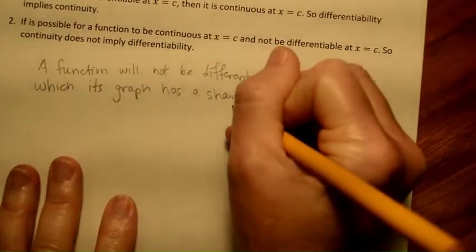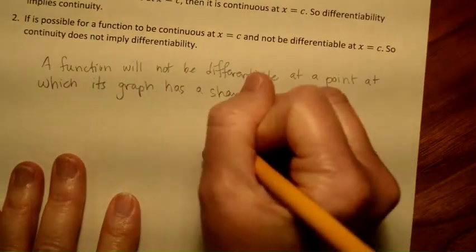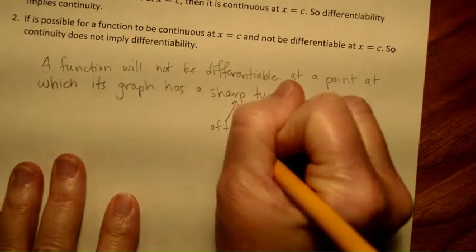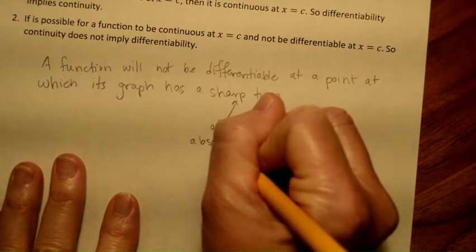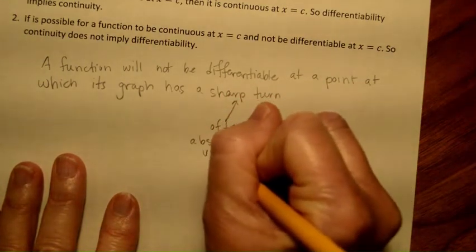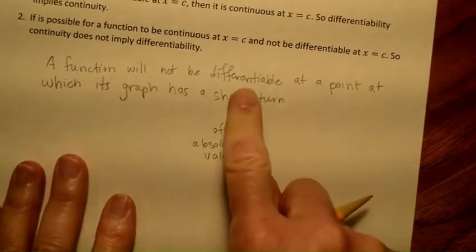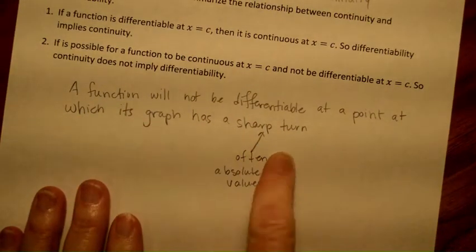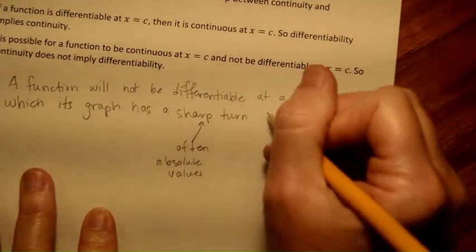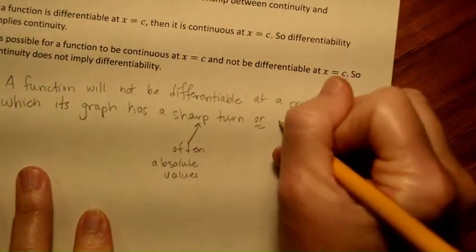Again, I'm just going to point out that this most often happens with absolute values. So a function will not be differentiable at a point at which its graph has a sharp turn, so absolute values, or a vertical tangent.